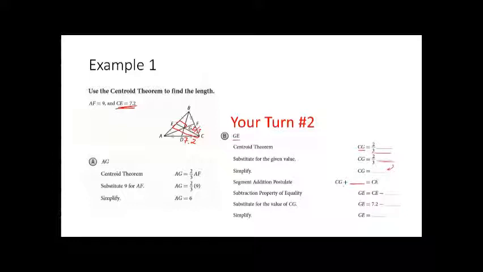And then you know that, we're asked about the segment addition postulate. So CG plus EG, or GE, I think, yeah, there we go, equals that whole median, which was CE.